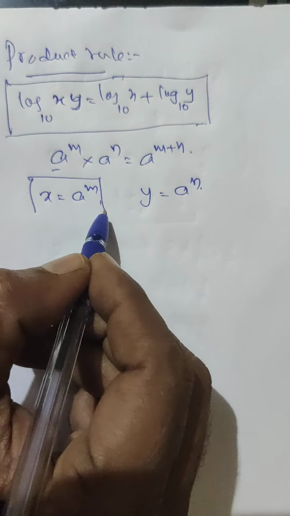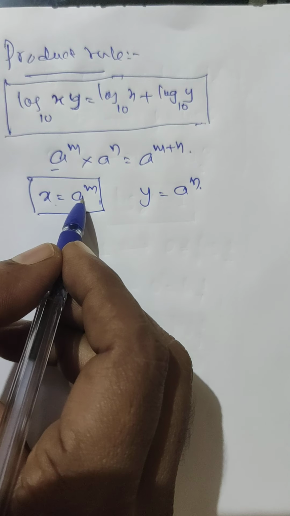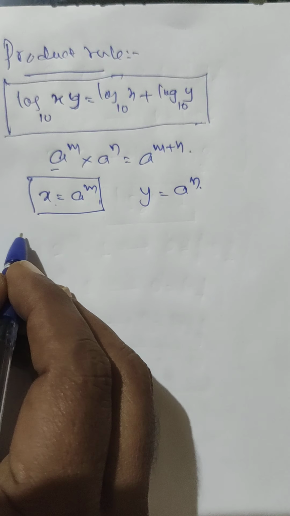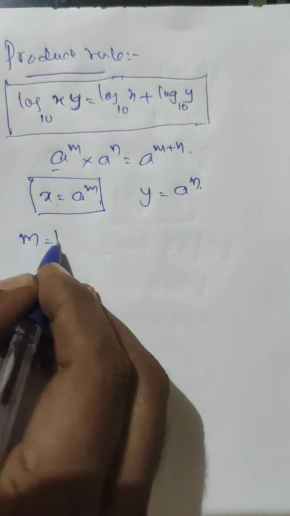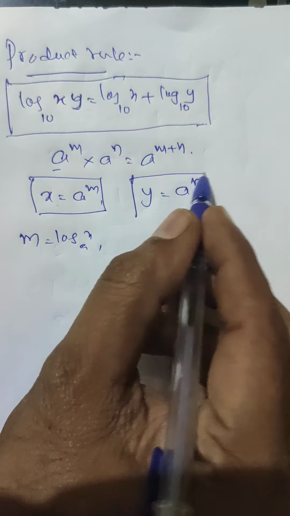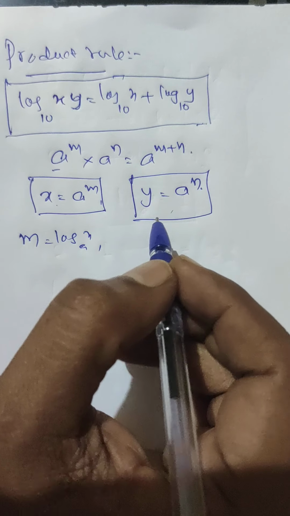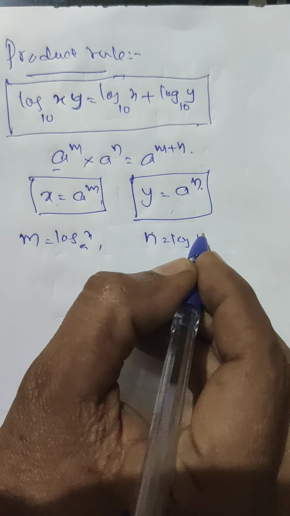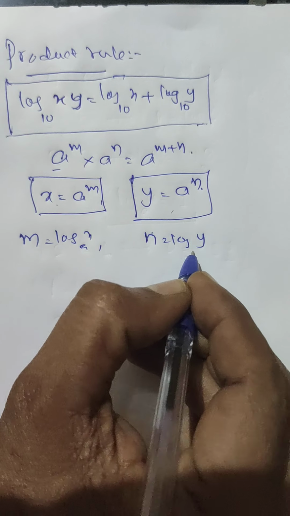Again here, this is exponential form. You can convert this into log form. So m is equal to log x base a. Similarly, converting the second one, n is equal to log y to the base a.